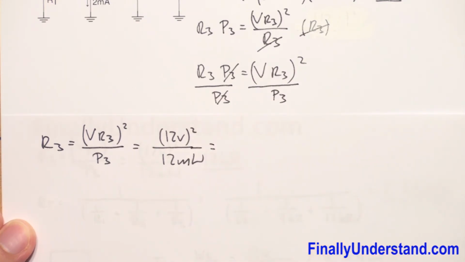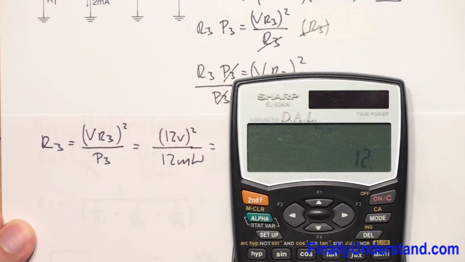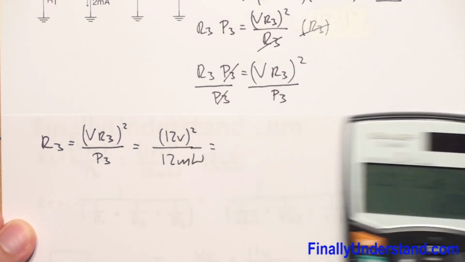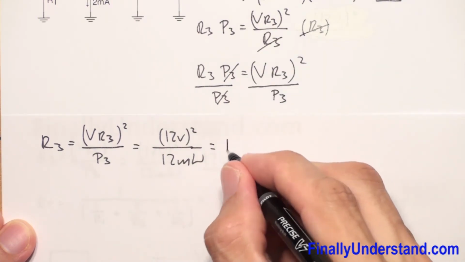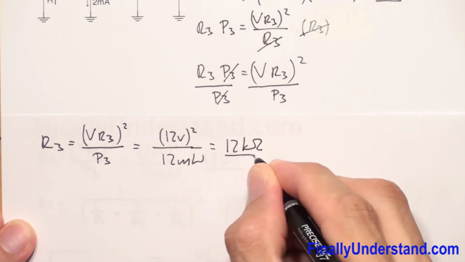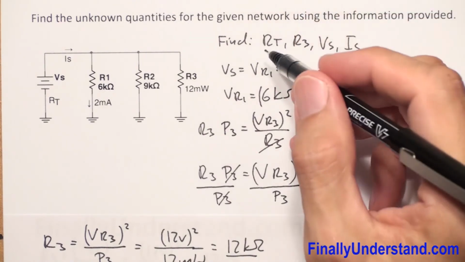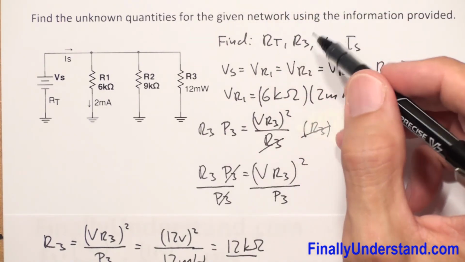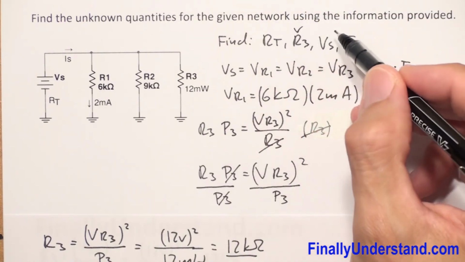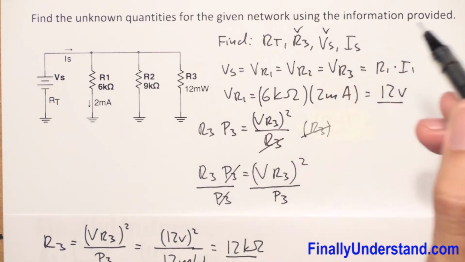This is equal to 12 to the second power divided by 12 exponent 3 negative. This is equal to 12 kilo ohms. Okay, so we found so far R3, we found voltage source.